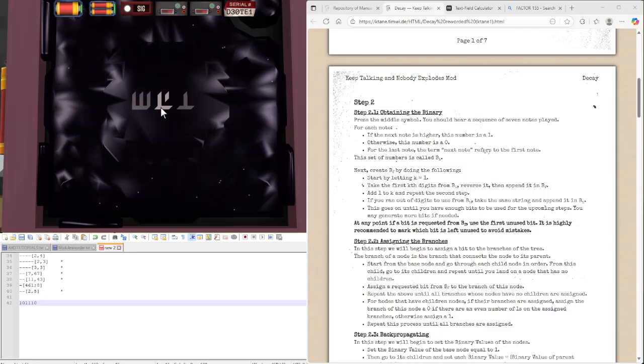Then we just have to figure out the first and last, I think. Last is lower than the first, I think. So that'll go to the first. That's 1 then, I think.